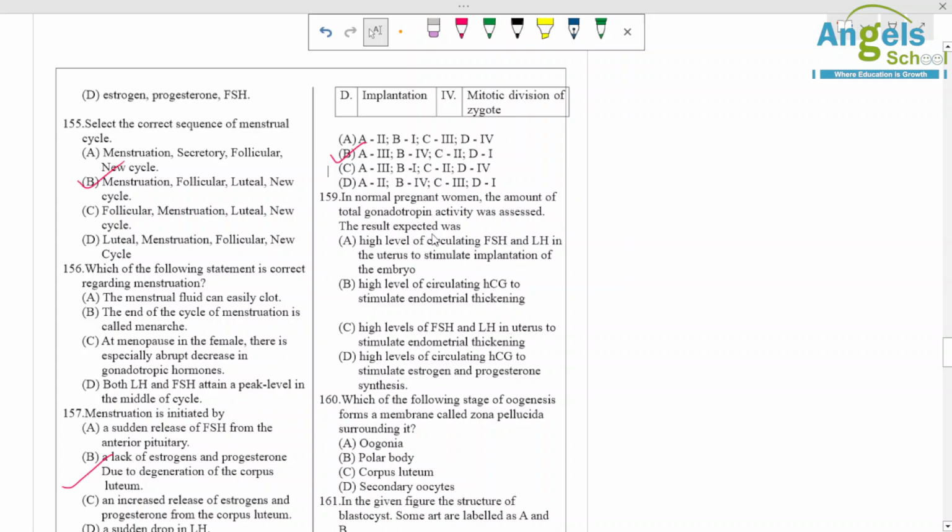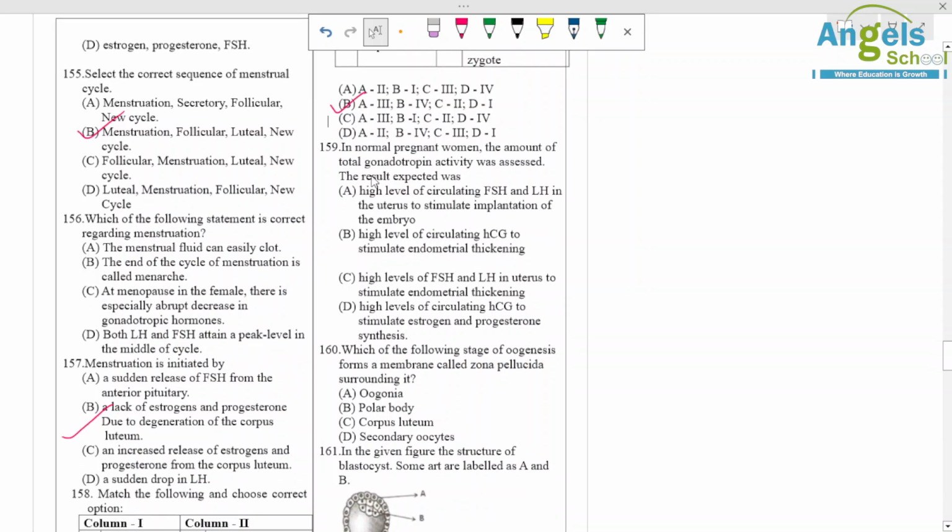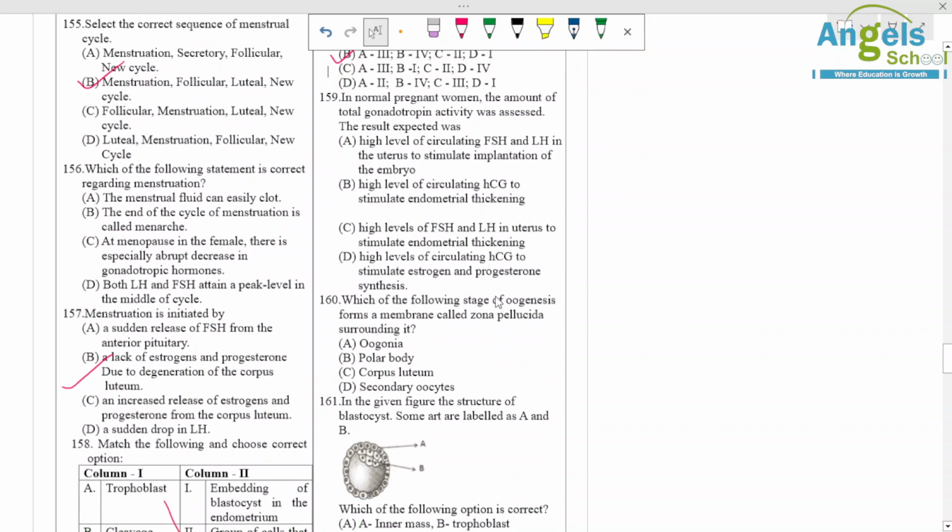The result expected was high level of circulating FSH LH in uterus to stimulate implantation of the embryo, high level of HCG to stimulate endometrium thickening, high level of FSH LH in a uterus to stimulate endometrium thickening, high level of circulating HCG to stimulate estrogen and progesterone synthesis. Okay, so D option is correct.